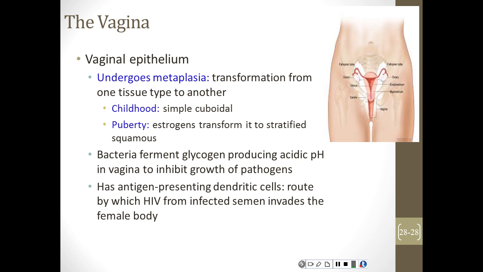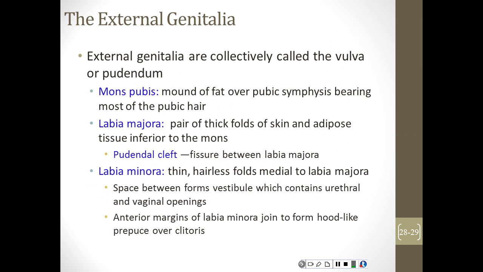Now the mucosa also has antigen-presenting dendritic cells, which are the route by which HIV invades the female body. Now the external genitalia occupy most of the perineum and are collectively called the vulva.